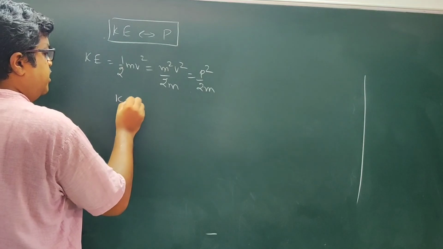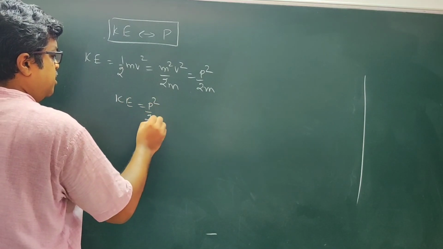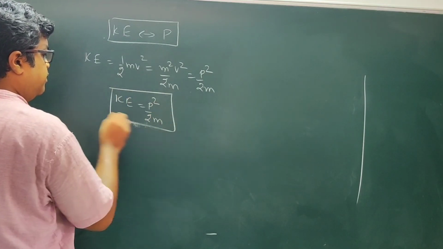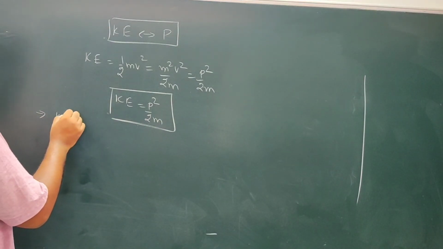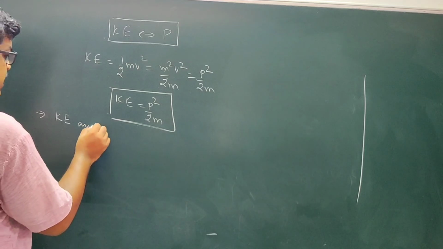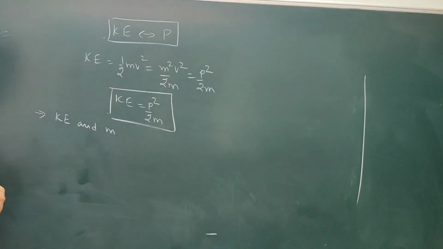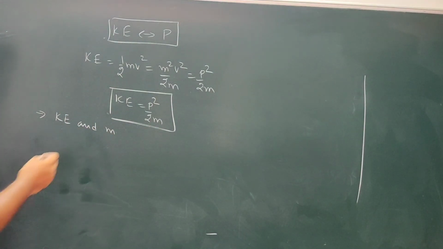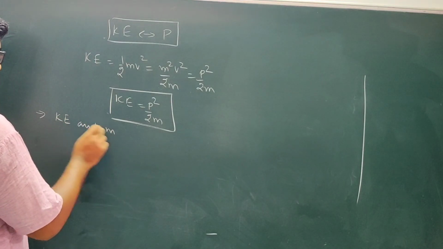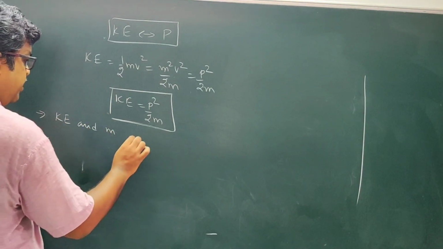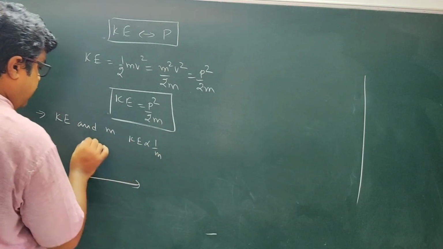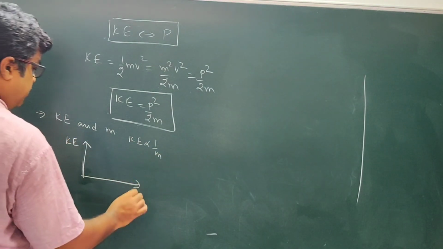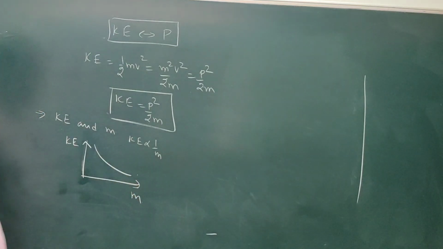If we see the relation between kinetic energy and mass, with momentum constant, kinetic energy is inversely proportional to mass. So if we draw a graph between kinetic energy and mass, the graph will be like this.